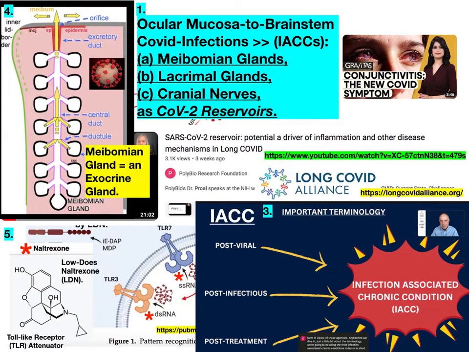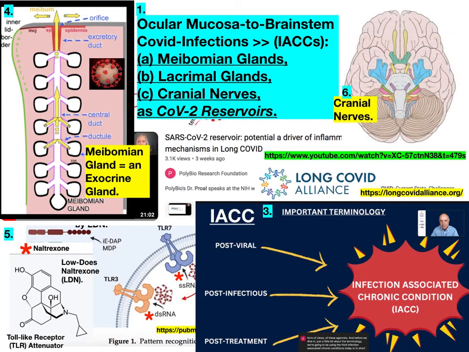Early in the pandemic, society was looking for low-cost, highly effective, small molecule therapeutics that could be easily scaled. Low-dose naltrexone is an example of a therapeutic which could be rapidly scaled for the treatment of long COVID as well as other IAC conditions.